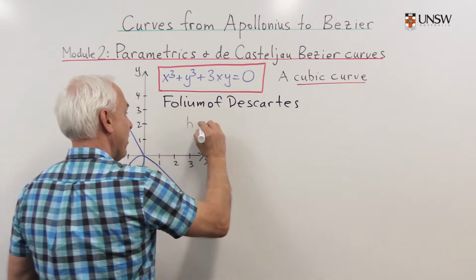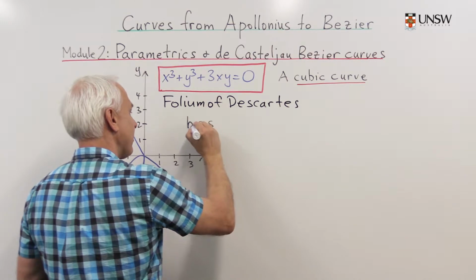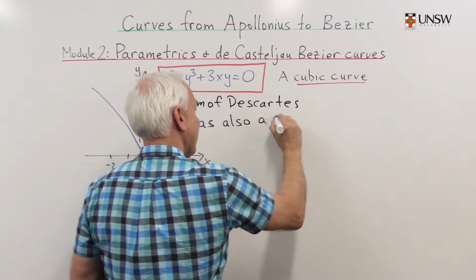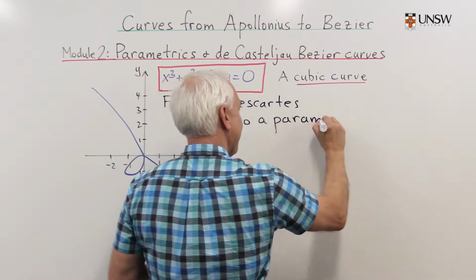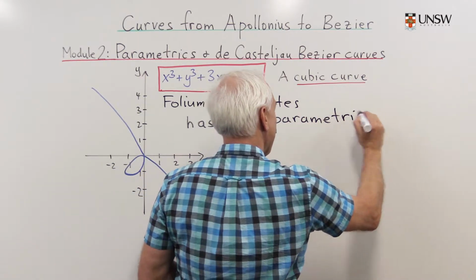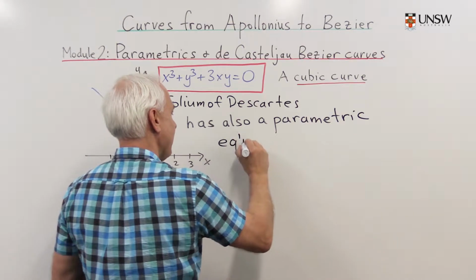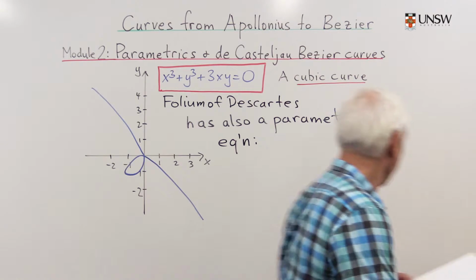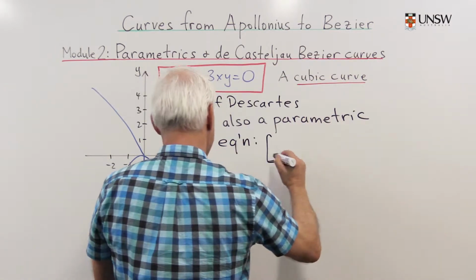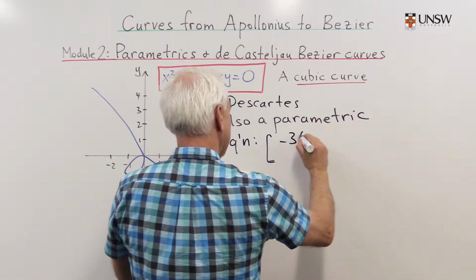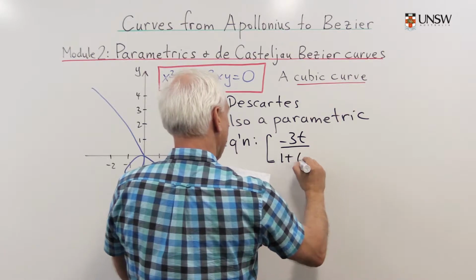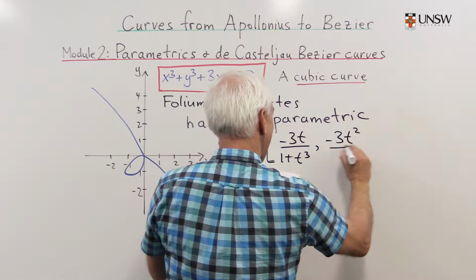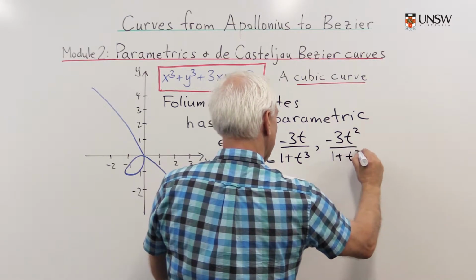It has a parametric equation, and that is x equals minus 3t over 1 plus t cubed and y equals minus 3t squared over 1 plus t cubed.